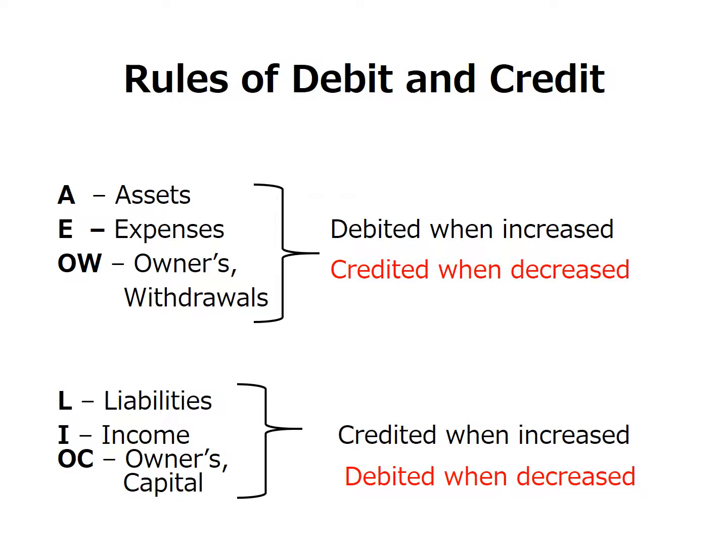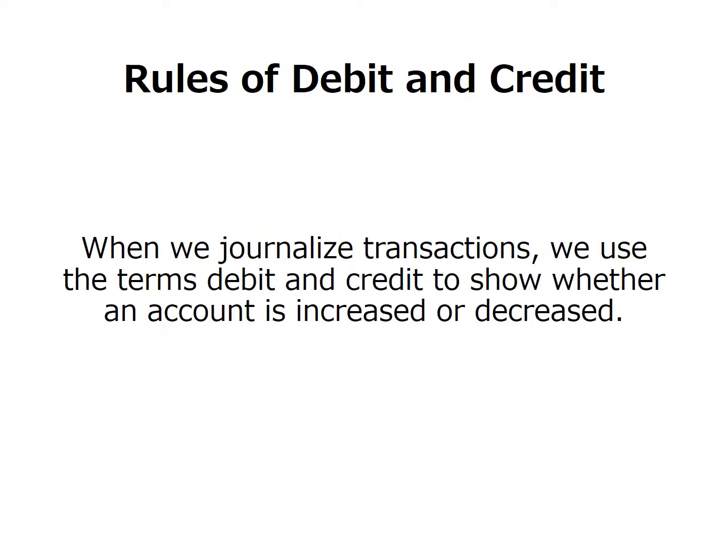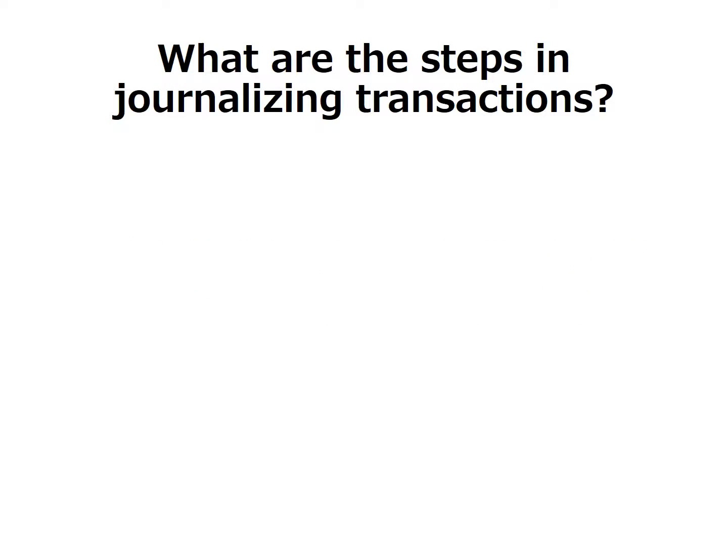So from now on, we're not going to use the words increase or decrease to describe how an account is affected by the transaction. Instead, we are going to use the terms debit and credit or debited and credited. Just a reminder, when we journalize transactions, we use the terms debit and credit to show whether an account is increased or decreased.